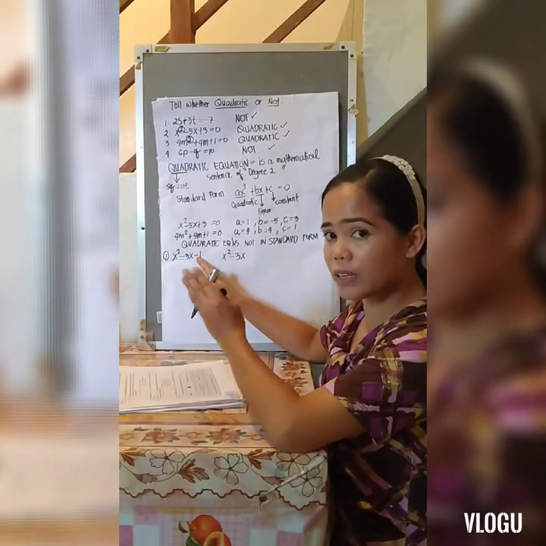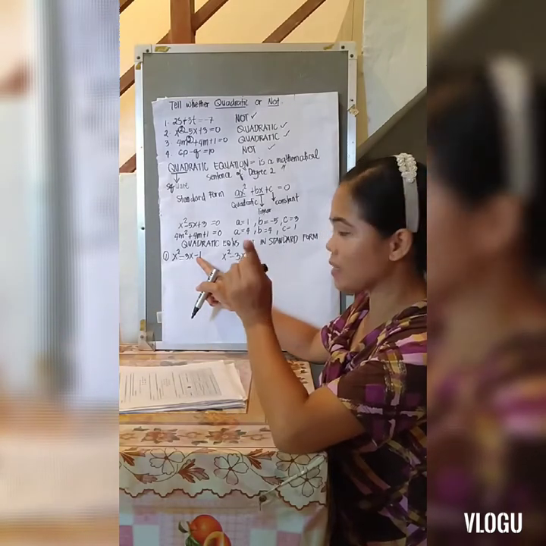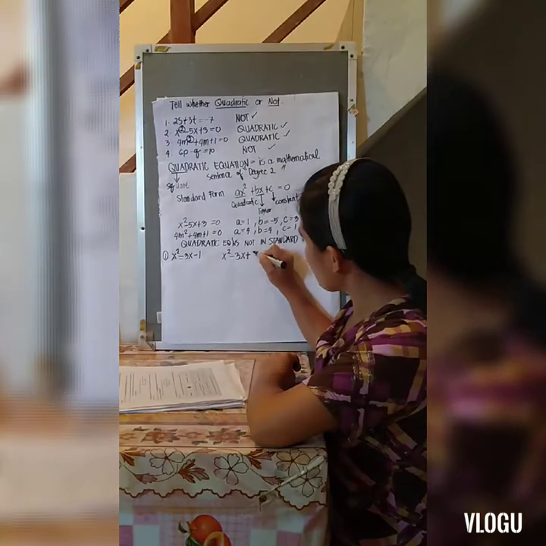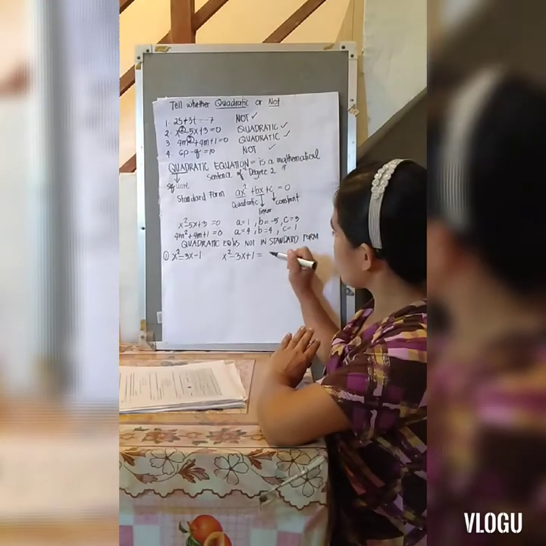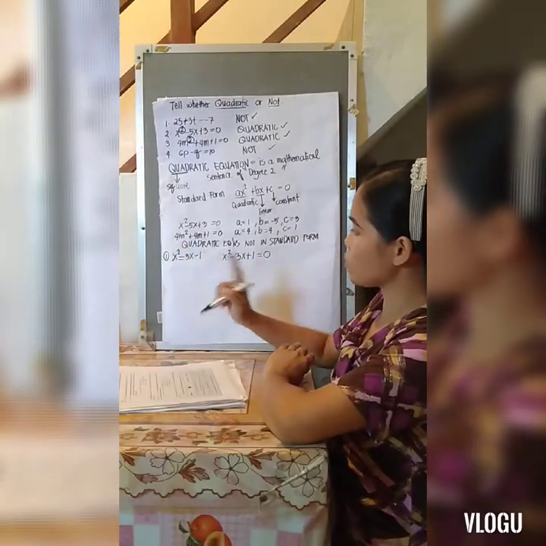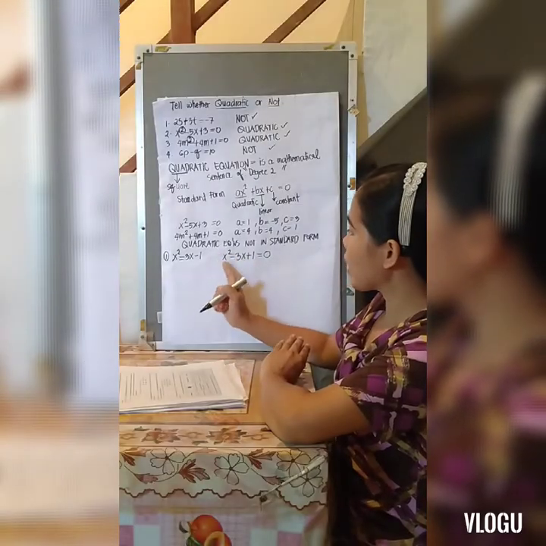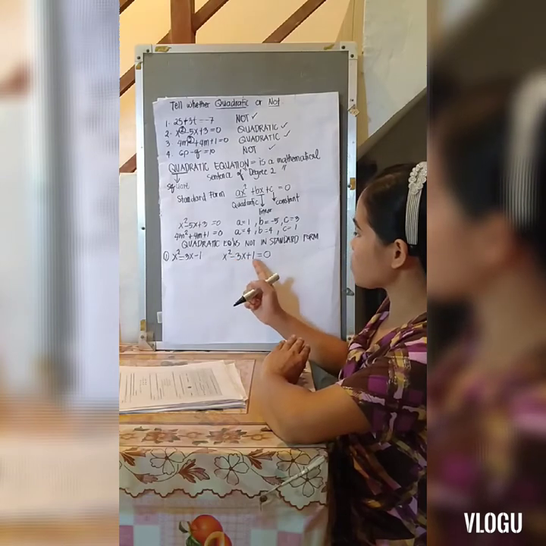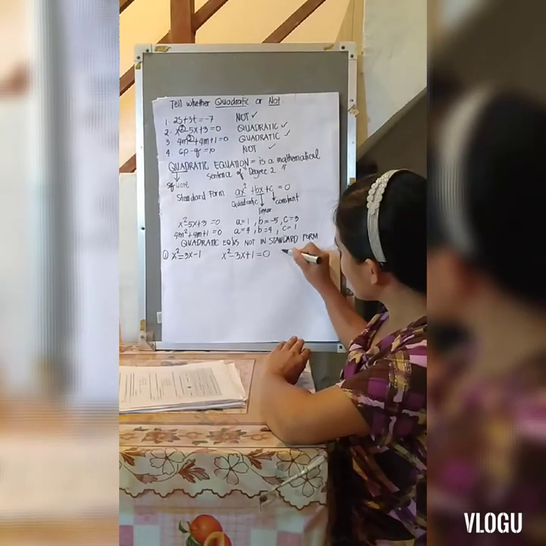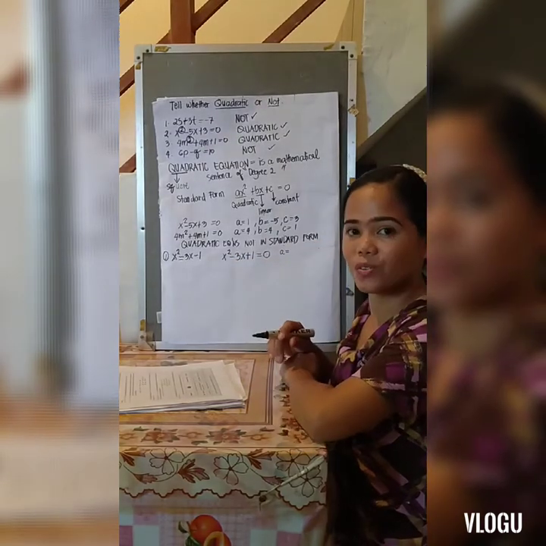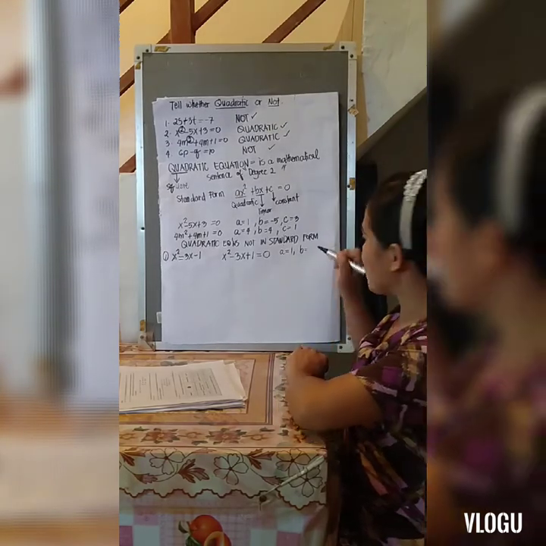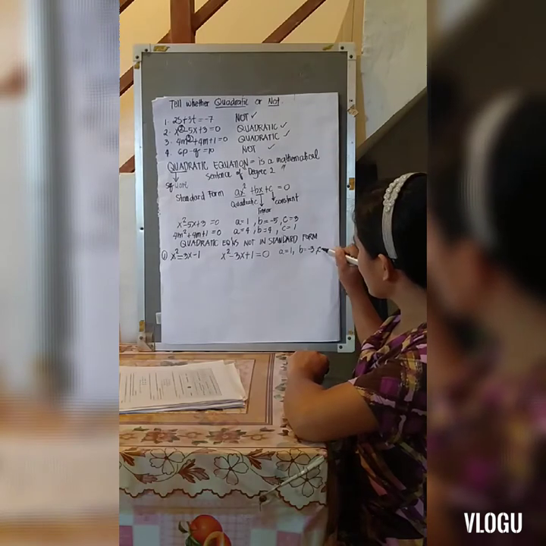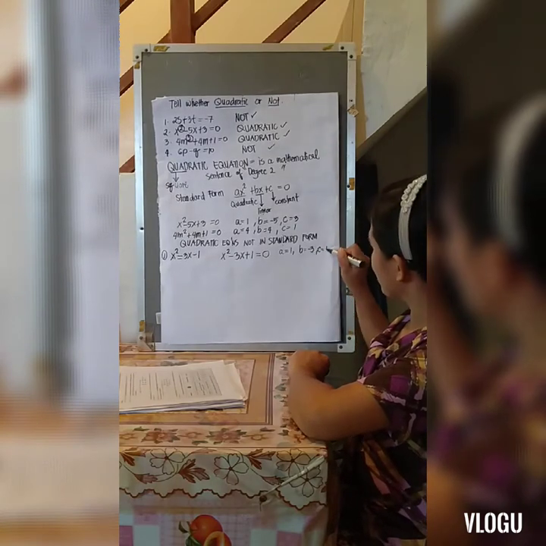We transfer it to the left side, it will become positive 1, making the right side equal to 0. Standard form is x squared minus 3x plus 1 equals 0, wherein our a is equal to 1. Check. Our b is equal to negative 3, and our c is equal to 1.